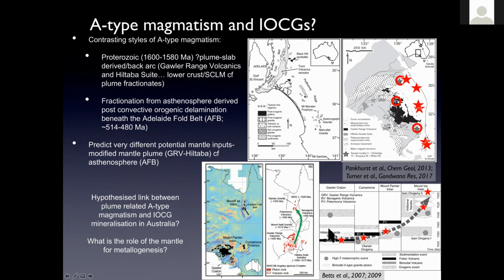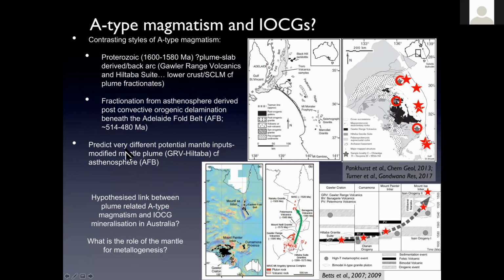It begs the question, what role might A-types play in potential mineralisation? So we set out to compare two types of A-types: the Gawler Craton ones, and the late to post-orogenic A-types in the Adelaide Fold Belt, which are clearly associated with delamination of subcontinental lithospheric mantle and influx of asthenosphere at the end of orogenesis.